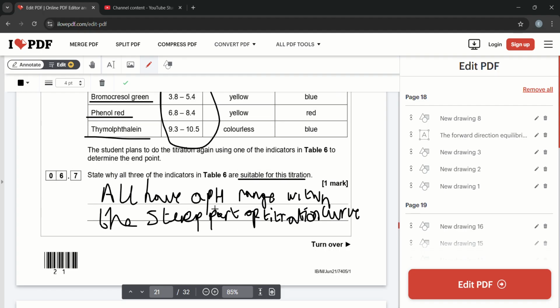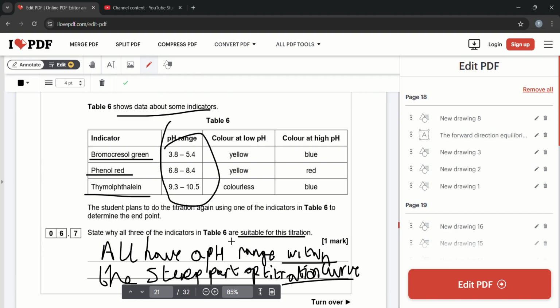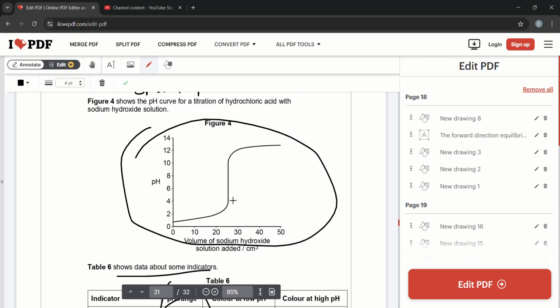Why are they all suitable? Because all of them have a pH range within the steep part of the titration curve, which is here onwards.